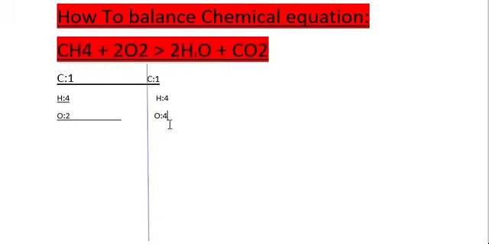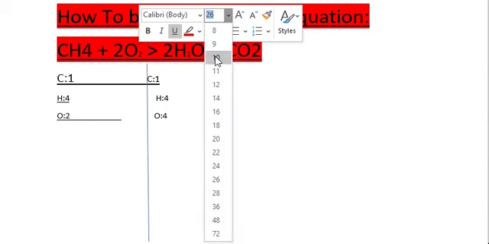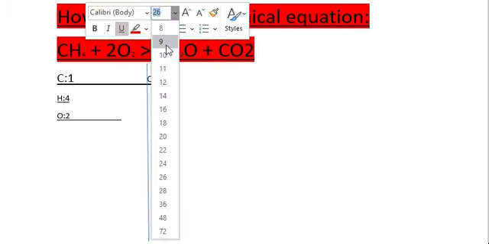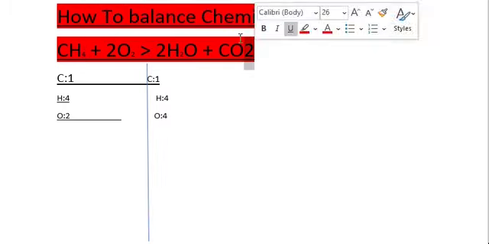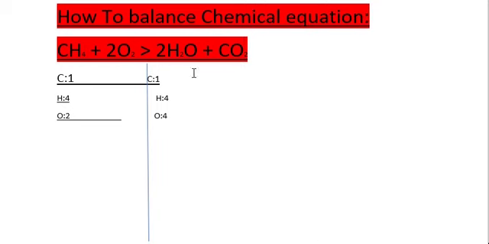Let's just make it right, what it should look like. This is how it should really look. Now we have made this 4 because on this side there's 2 times 2, so that makes it 4.